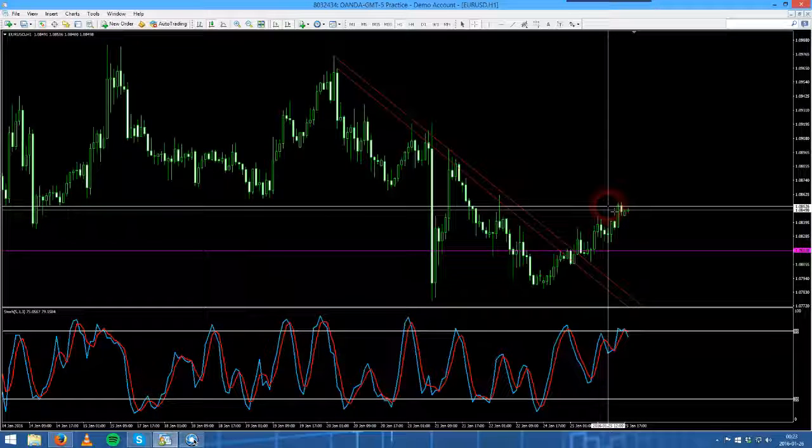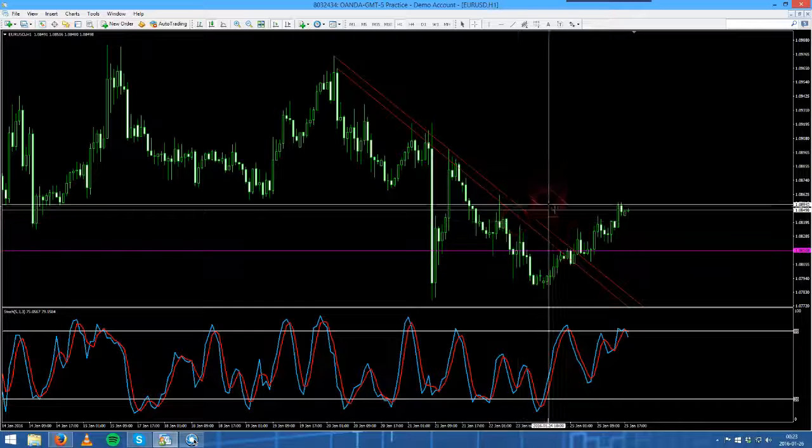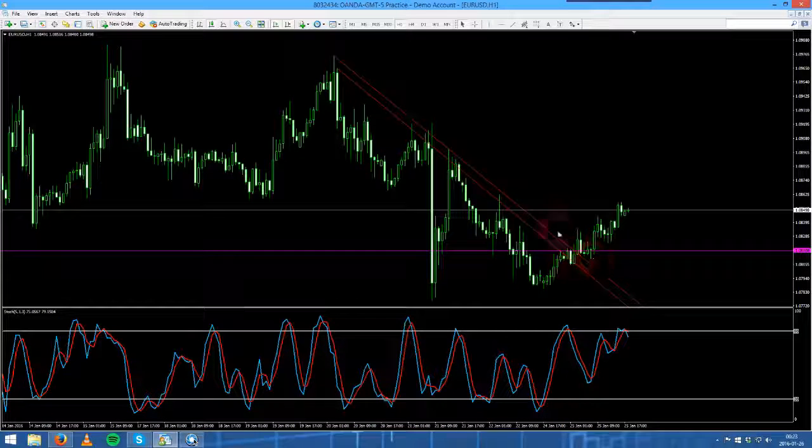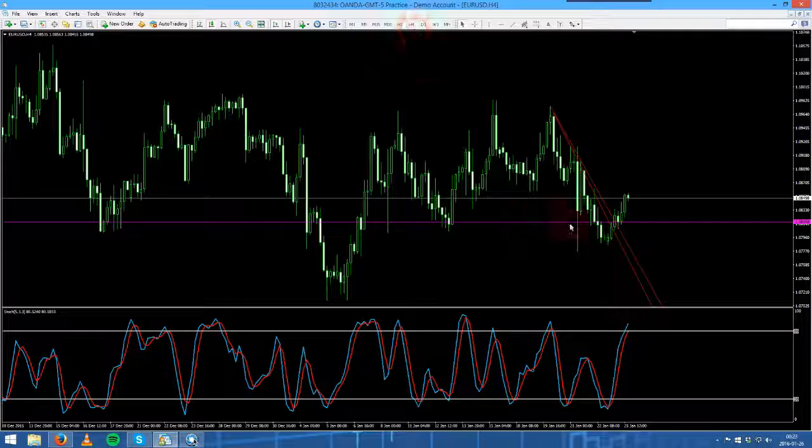So when this happens, this is where you should go to a higher time frame and see what's happening, adjust your lines there. As you can see now, we're on the 4-hour time frame, and you see that the trend is still going down because the prices were above this line here.